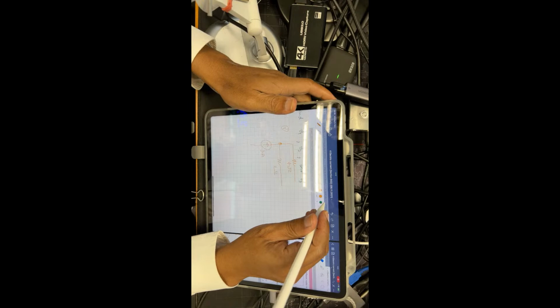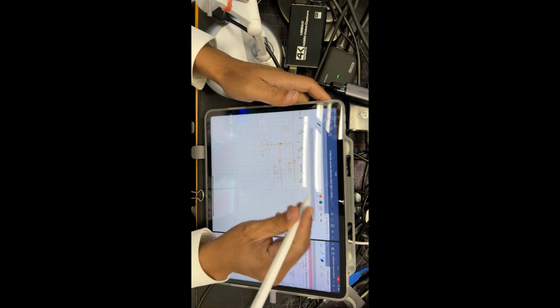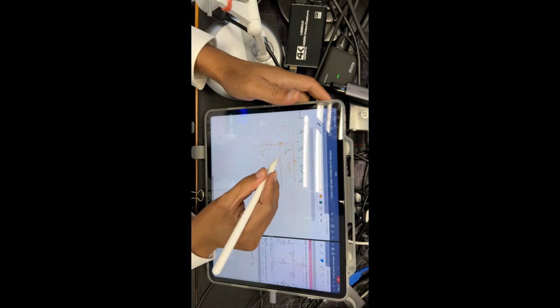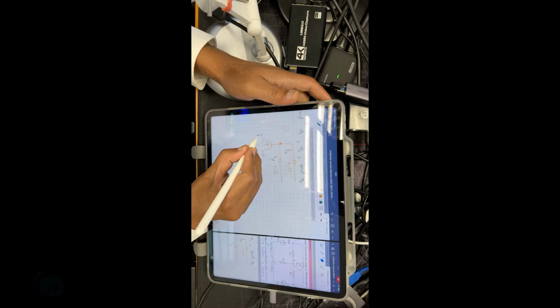Okay, we're gonna have Ix, Iy, and Is. But which direction? Into the node or out of the node?